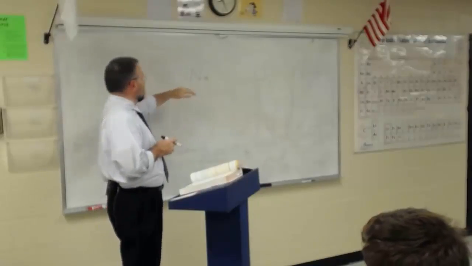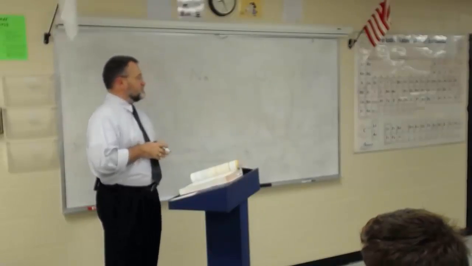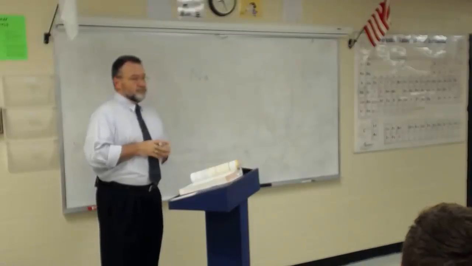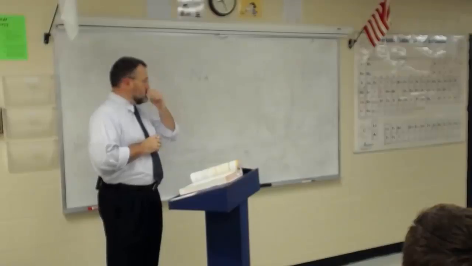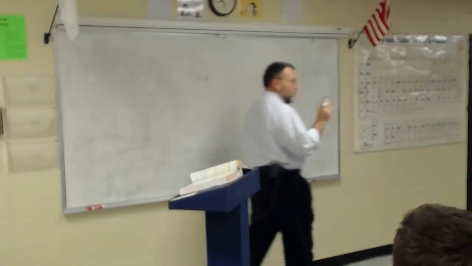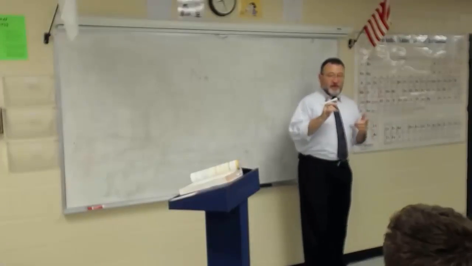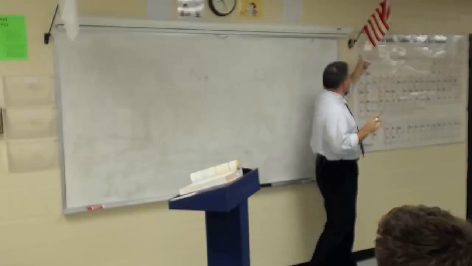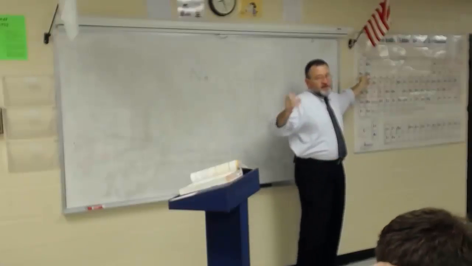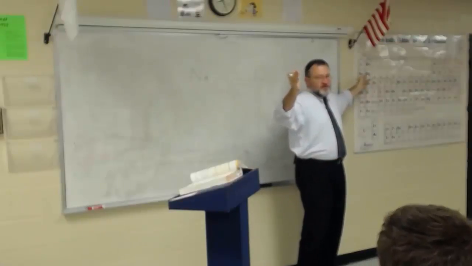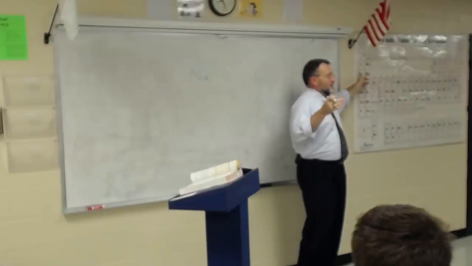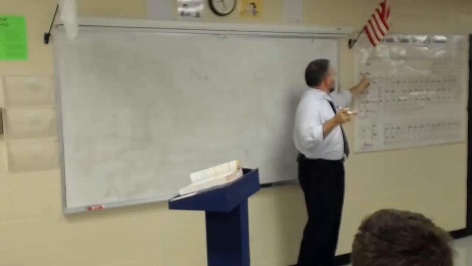What's my Lewis structure for sodium going to look like? Good. We're going to have one valence electron. How do I know? Looking at the periodic table, sodium is in the first column. Whatever its configuration is, it has 11 electrons, and it has a 3s1 electron.